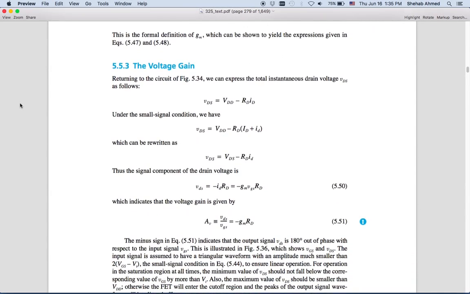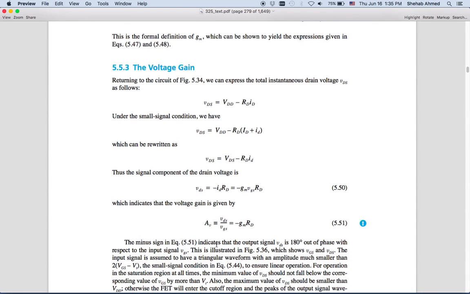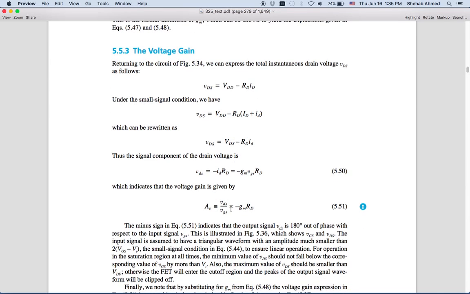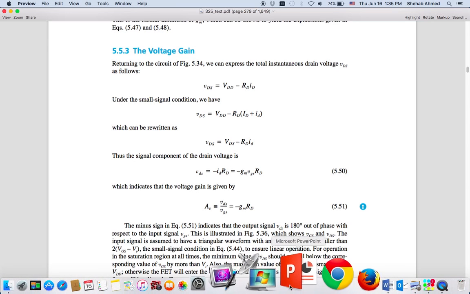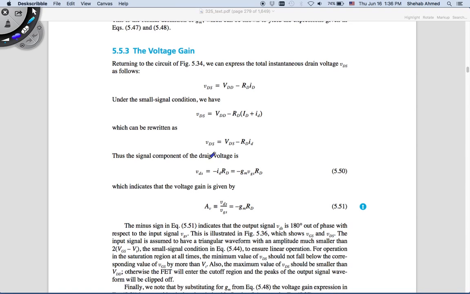Now I've concluded that I have a current gain of some sort, and now this section talks about the voltage gain. So basically putting the resistor that we were talking about in parallel. So placing the resistor in parallel means that the gain, or the voltage at the output, is equal to minus GM times RD in parallel with RO. I think I just plotted that and I explained it, but I'll redraw it again. So what these equations refer to is the output voltage versus the input voltage. So my input voltage is VGS, so my small signal input voltage is plus minus VGS.